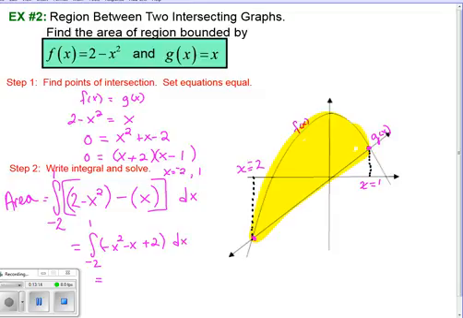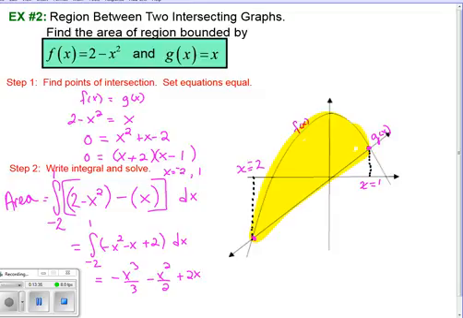And integration on this will give us negative x squared over 2 minus x. Oh, I messed up. Let me back up. x cubed, how about, over 3 minus x squared over 2 plus 2x.